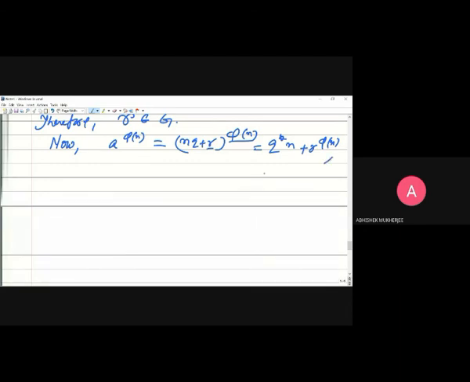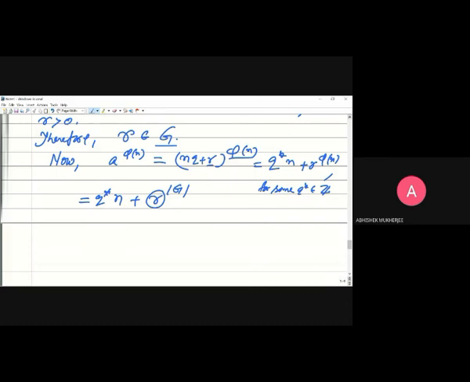So for some q star belonging to Z. Now, what is phi n? Phi n is the order of the group G. So this is q star n plus r to the power order of G. Now since this r is in the group G, using Lagrange's theorem, r to the power order of G must be equal to the identity of the group G. What is the identity of the group G?